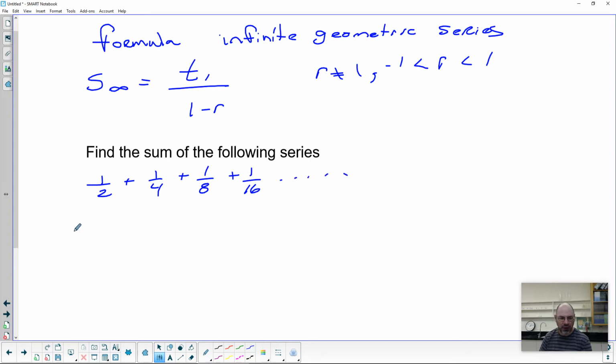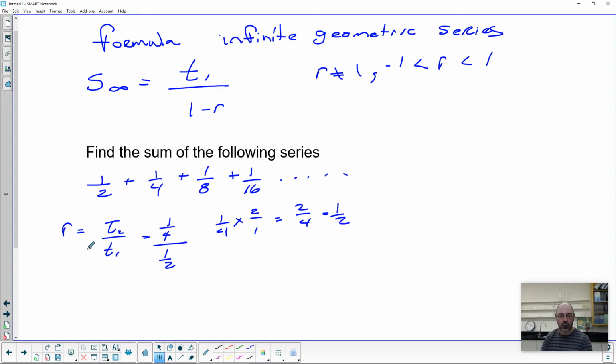Okay, so we know that R has to be found first, because we know what T1 is. R is just T2 divided by T1. So that's going to be 1/4 divided by 1/2. If you do the fraction rules, which means you take the quarter and multiply by the reciprocal, you're going to get 2/4, which is 1/2.